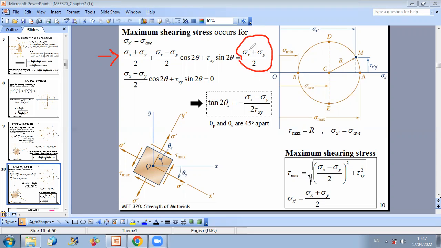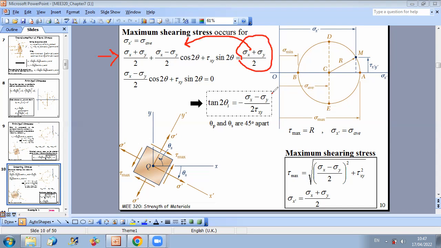Now, taking this term to the other side and rearranging, we have that sigma x minus sigma y over 2 cosine 2 theta plus tau xy sine 2 theta equals 0. This will give us that tan of 2 theta s, corresponding to maximum shearing stress, is equal to minus sigma x minus sigma y over 2 tau xy.